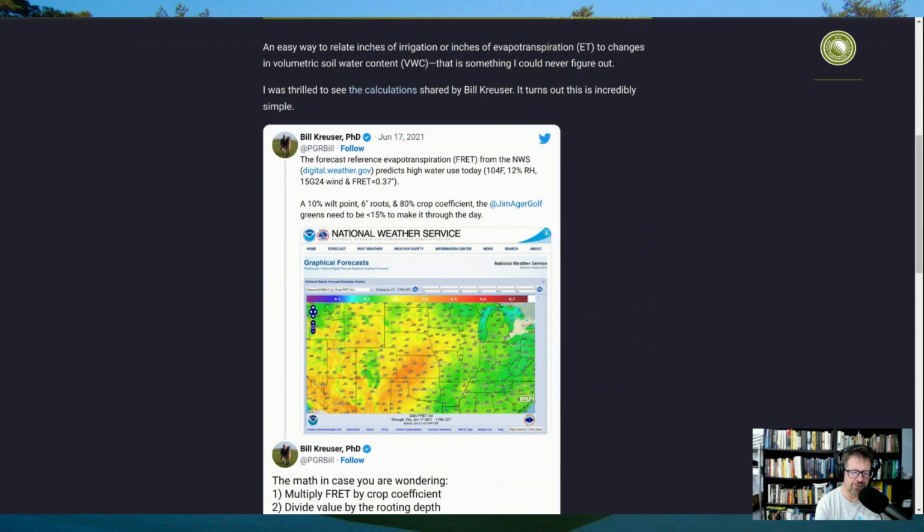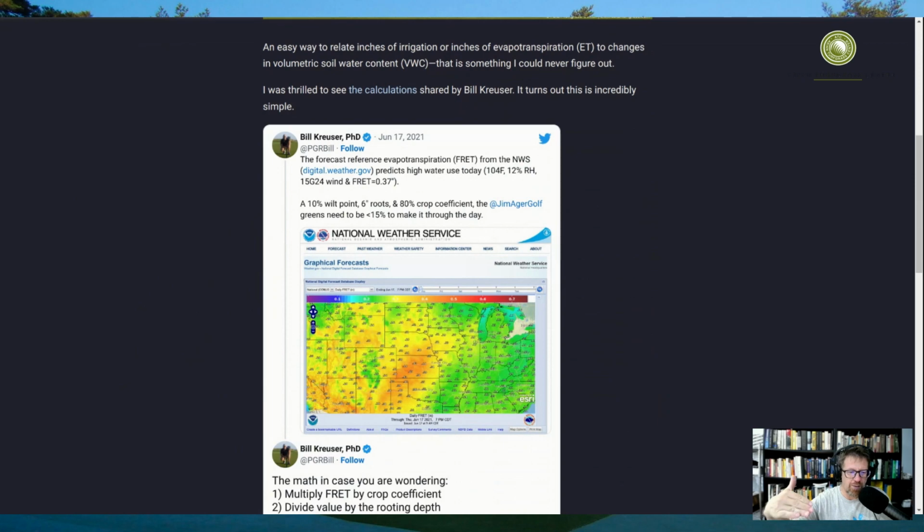And so you combine a high temperature, sunshine, low relative humidity, and high wind, and you get a high forecast evapotranspiration. Bill wrote in that tweet, he said, with a 10% wilt point, 6-inch deep roots, and an 80% crop coefficient, the greens need to be at about 15% to make it through the day.